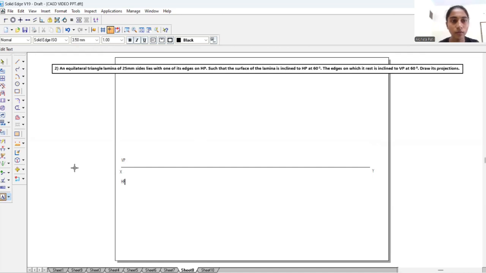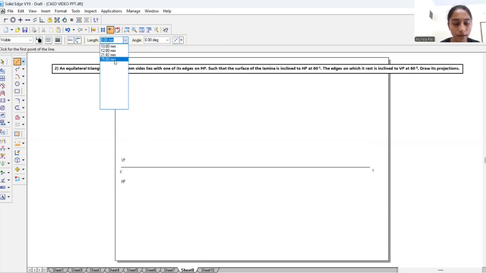So first we have to draw an equilateral triangle lamina of 25 mm sides. First we will choose the line option and give the length as 25 mm.